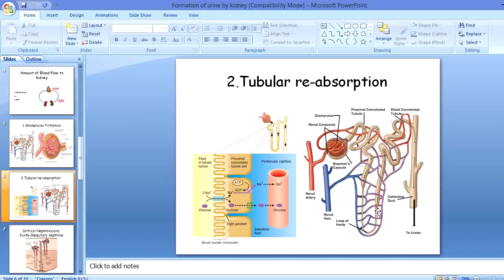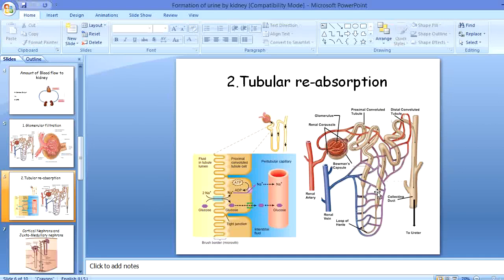So when it goes upward and reaches over here, there is a very small amount of water in this tubule. As this area is impermeable to water, the water cannot come from the surrounding into this tubule. So what will happen for the compensation of the osmotic pressure?